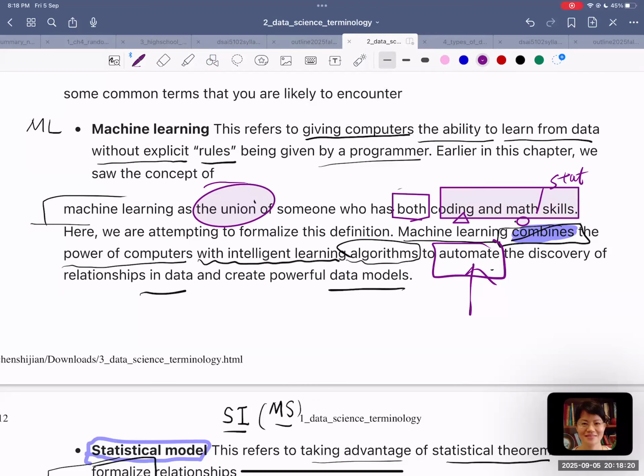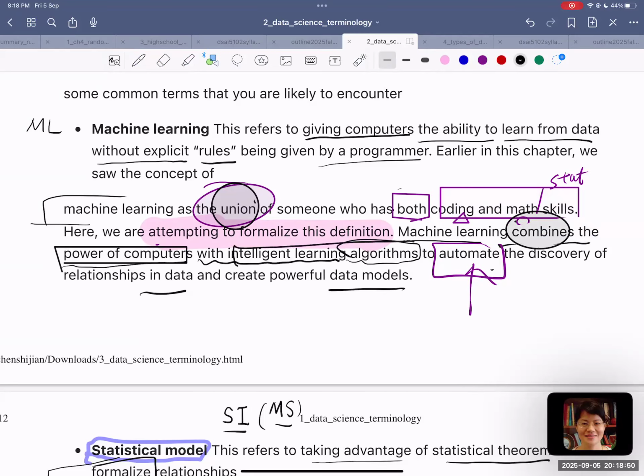And then we are attempting to formalize the definition. Attention, machine learning combines, look at these words, the power of computers with what?